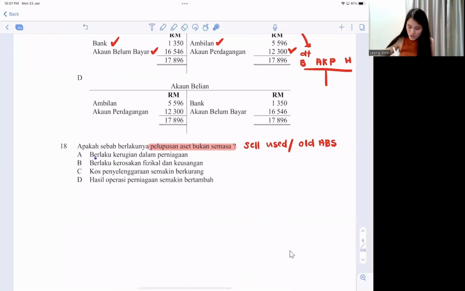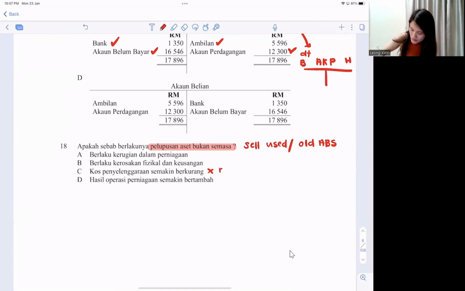So jadi berlaku kerugian dalam perniagaan, berlaku kerosakan fizikal dan keusangan, kos penyelenggaraan semakin berkurang. Wrong. This is definitely wrong because when you have an asset bukan semasa that costs you less and less to maintain it, then why would you want to let go of it, right? So C is wrong.